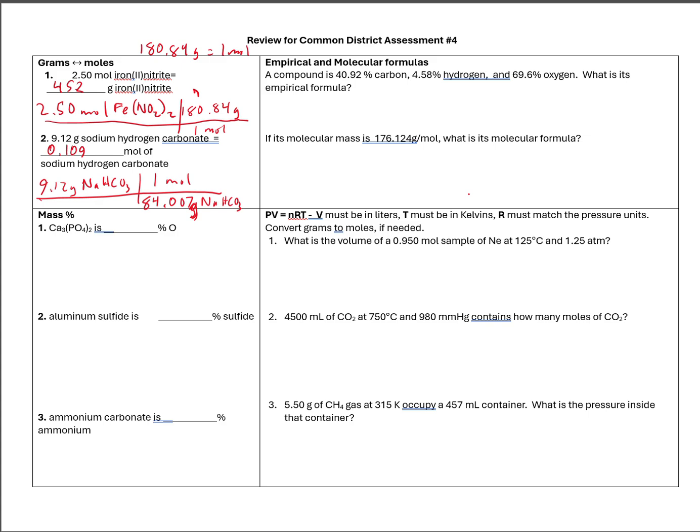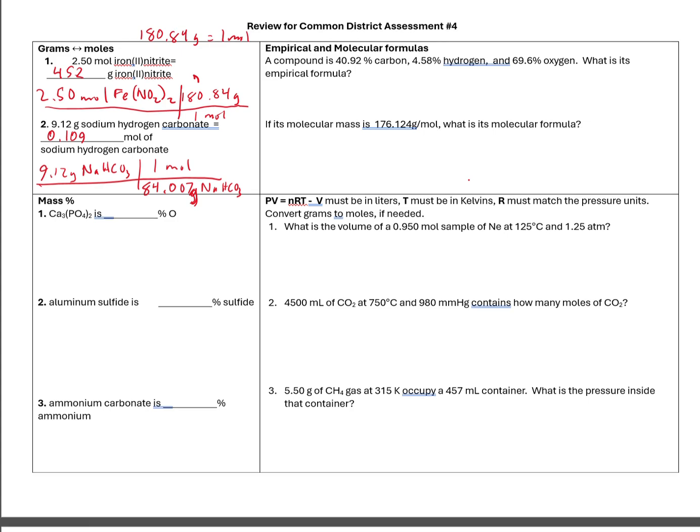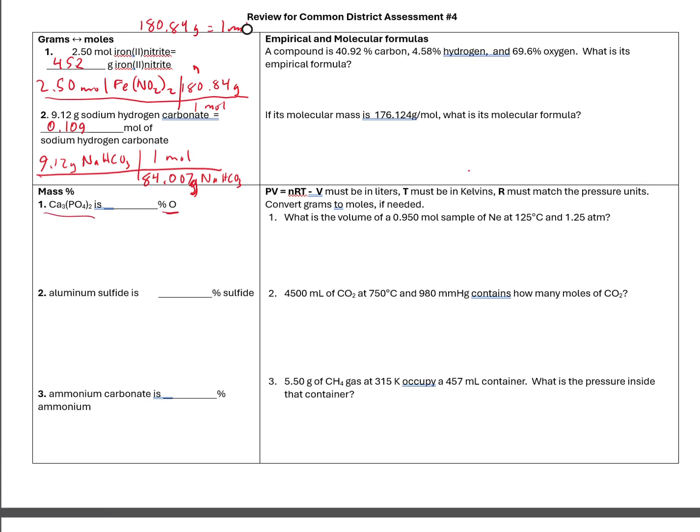Next, we need to calculate the mass percent of oxygen in calcium phosphate. So the total mass of calcium phosphate is 310.18. And the mass of 8 oxygens, because there are 8 of them in 1 calcium phosphate, is 127.992.